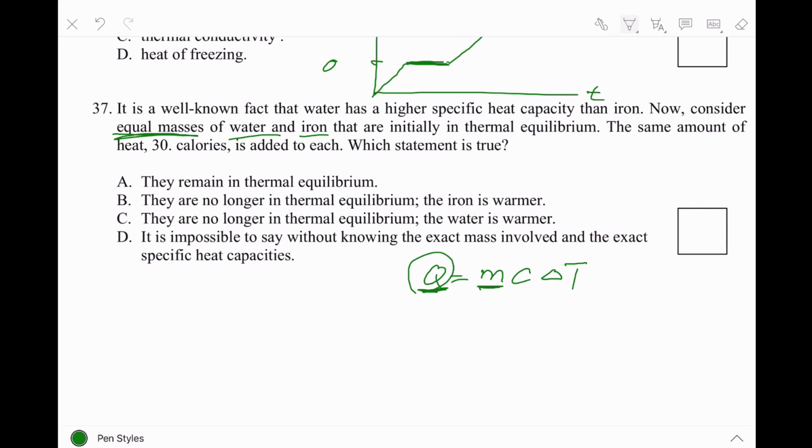You see, the higher the specific heat, the lower the change of temperature. So they will have a different temperature. So water will have a lower temperature. So they no longer in thermal equilibrium, so this is wrong. Water is less change. It means the iron is higher temperature. So therefore it's B.